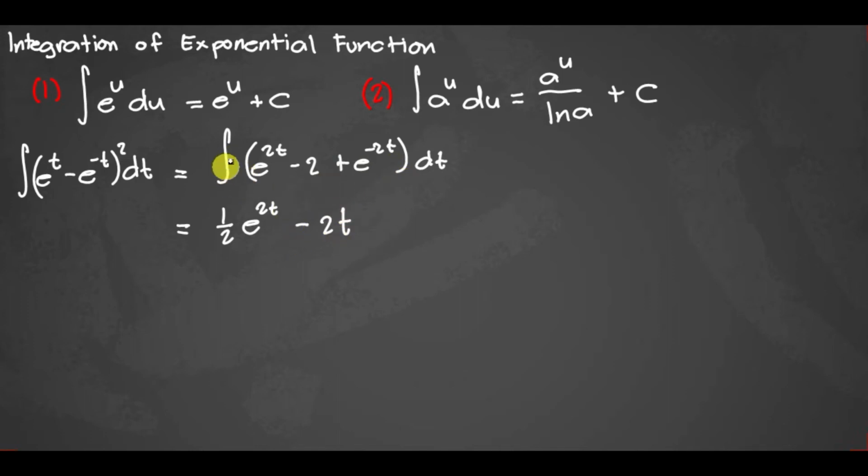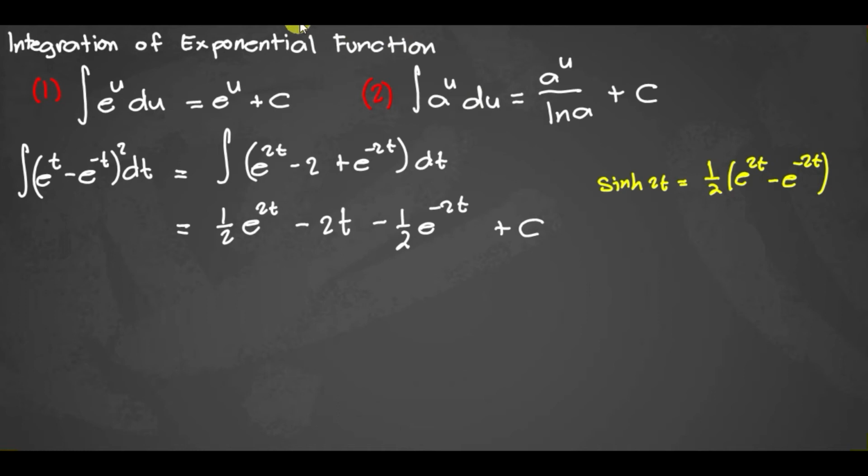And lastly, the integral of e raised to negative 2t is simply negative 1/2 e raised to negative 2t plus c. This will be our answer, but we can further simplify this using the hyperbolic identities, where hyperbolic sine 2t is equivalent to 1/2 times e raised to 2t minus e raised to negative 2t.